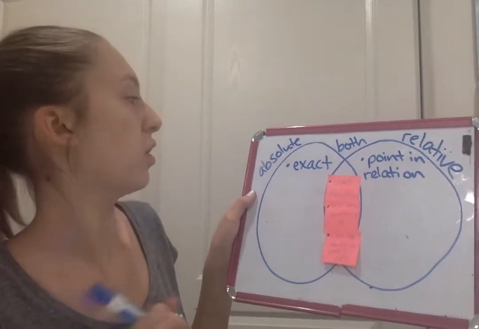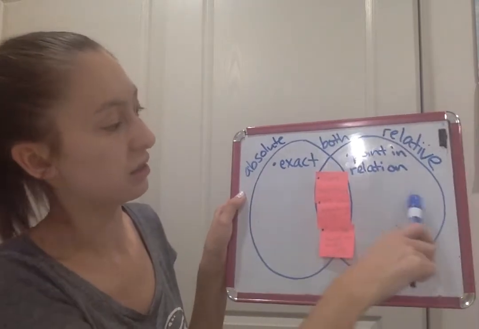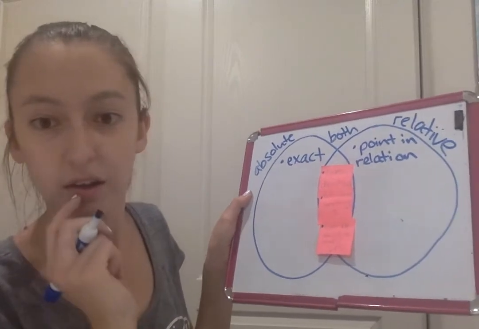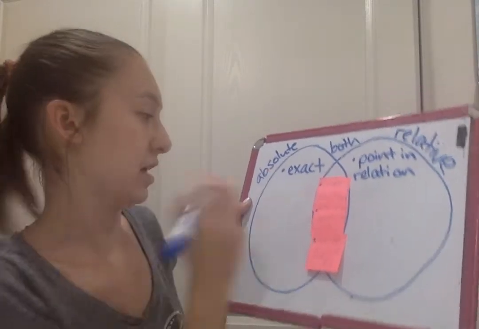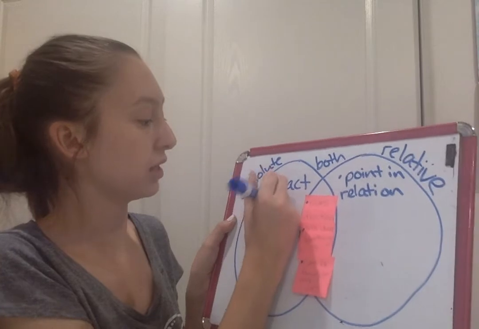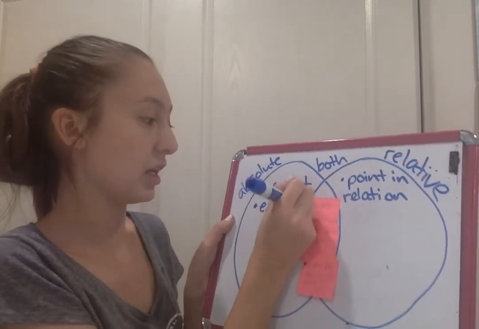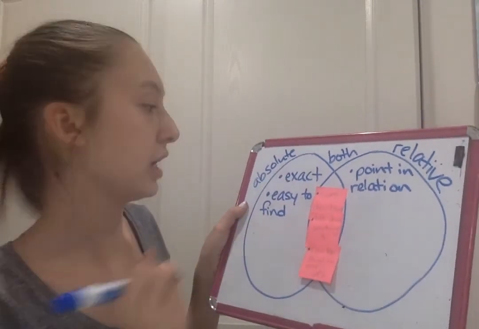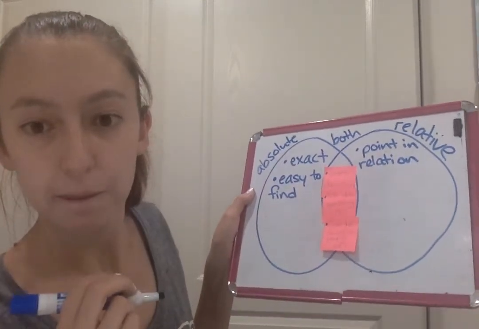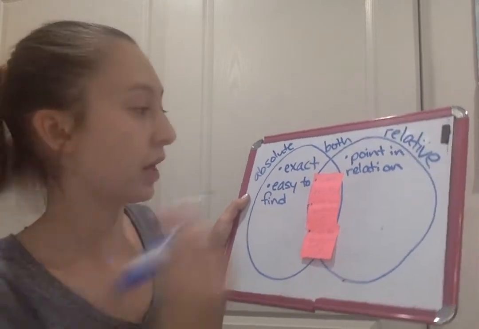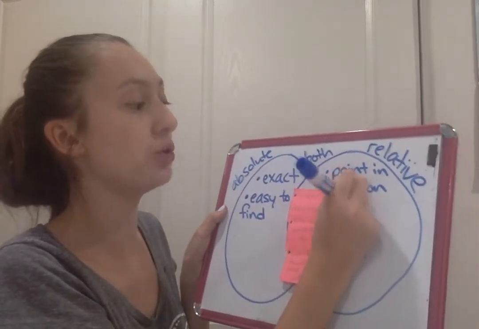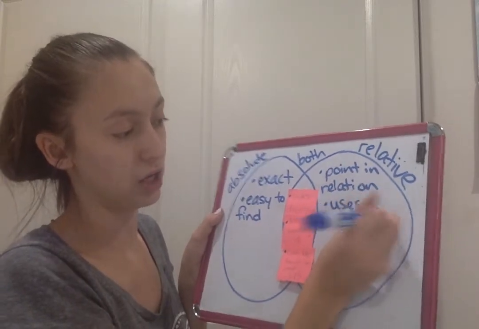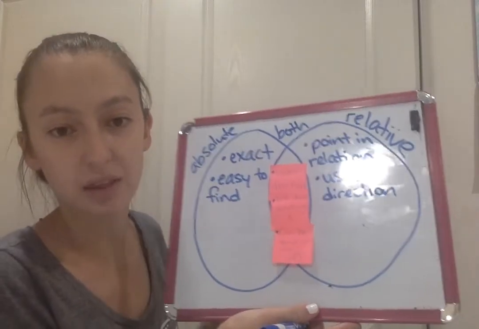All right. What about some differences? Because it's looking kind of blank. Yes. Oh, that's right. So absolute is easy to find, right? And relative location, yes, relative location uses direction. Can anyone think of anything else that can go on this chart?